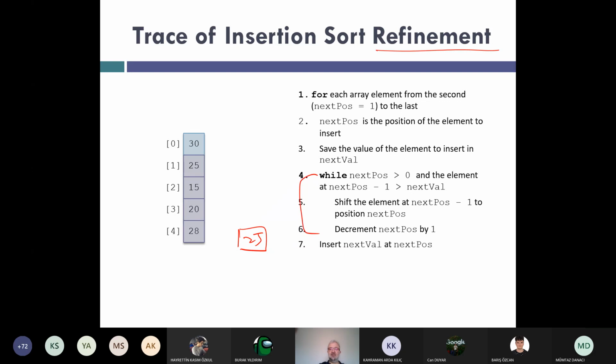And in this while loop, while position is greater than 0, and the element at next position minus 1 is greater than the next value, we shift this element in next position.